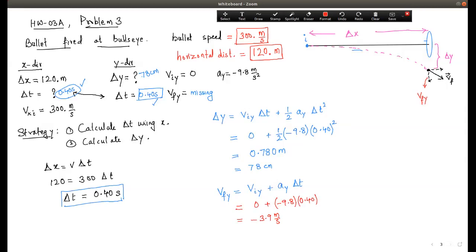So if we were to draw this, it's very much skewed. Let me draw this again. It has an x component, which is very large, and its y component is really small.